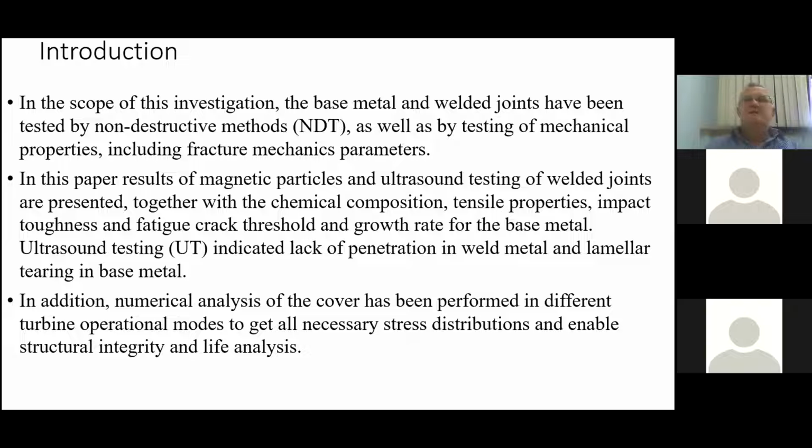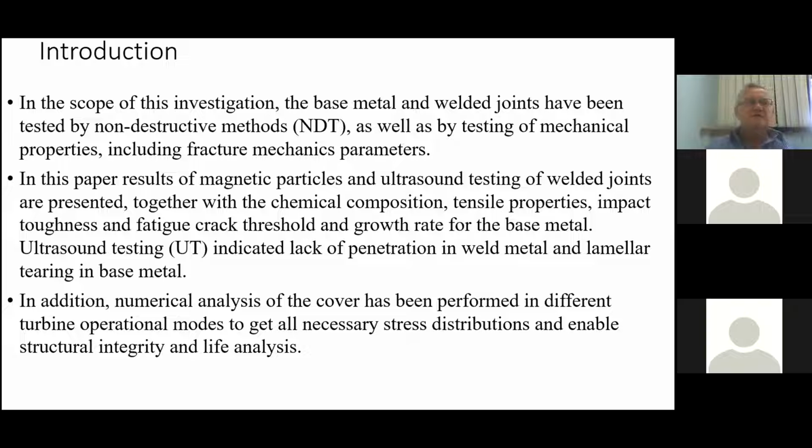So magnetic particle and ultrasound testing are presented here briefly. Also, a few words will be devoted to chemical composition and tensile properties. Impact toughness, not today. Fatigue crack, also not today, but just classical linear elastic fracture mechanics.